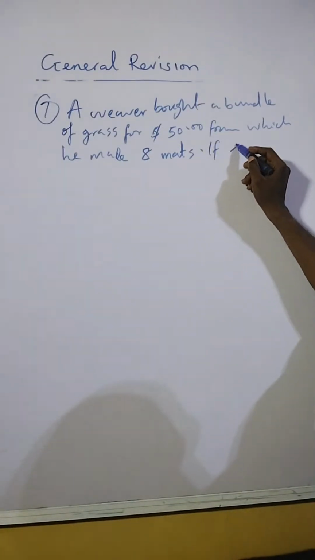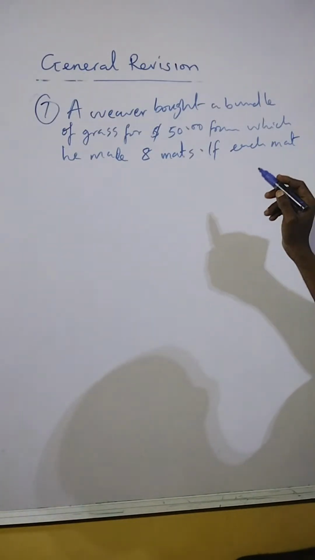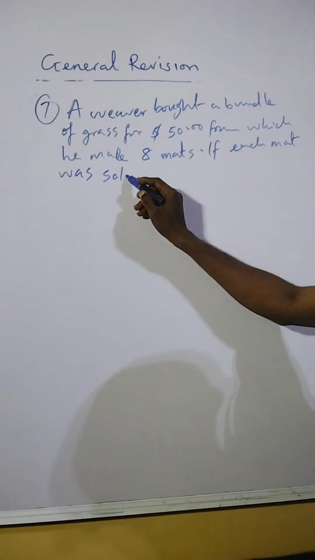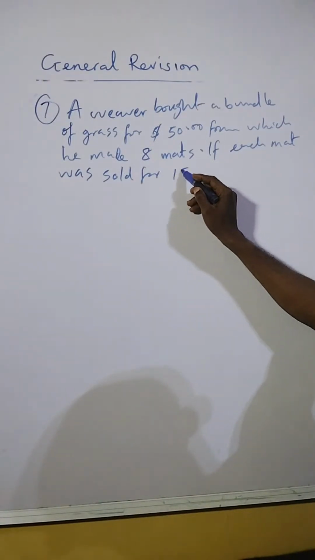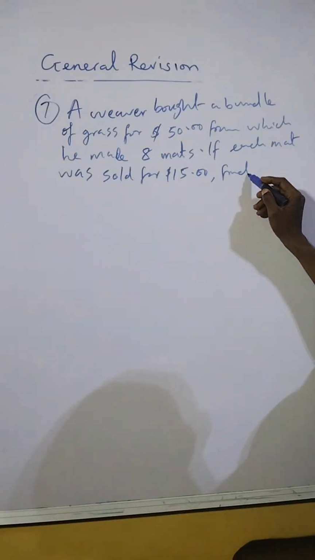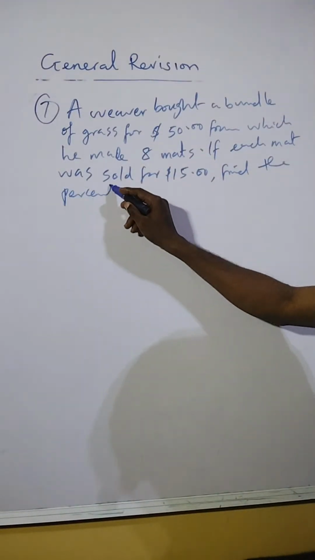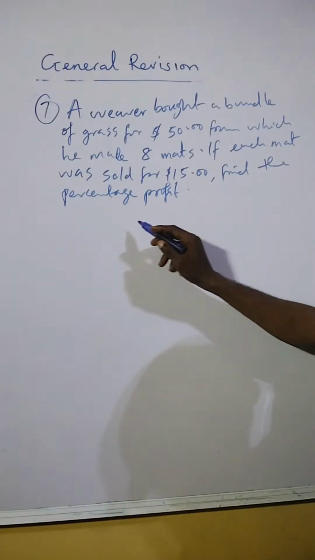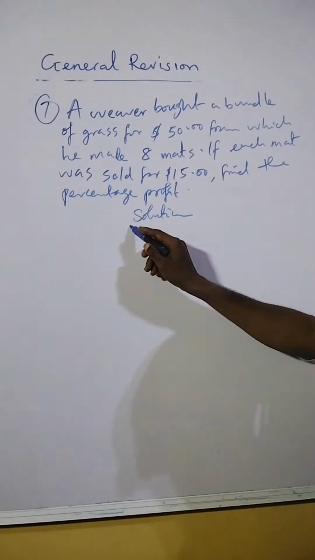If each mat was sold for $15, find the percentage profit. So this is an application question on financial arithmetic.